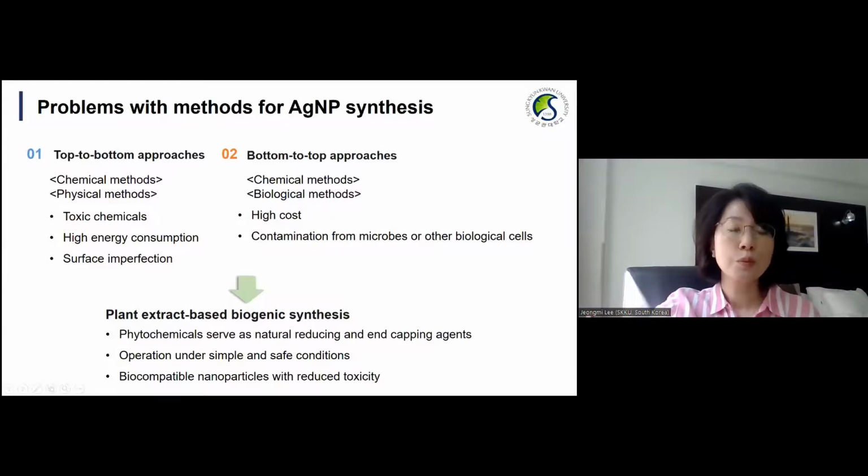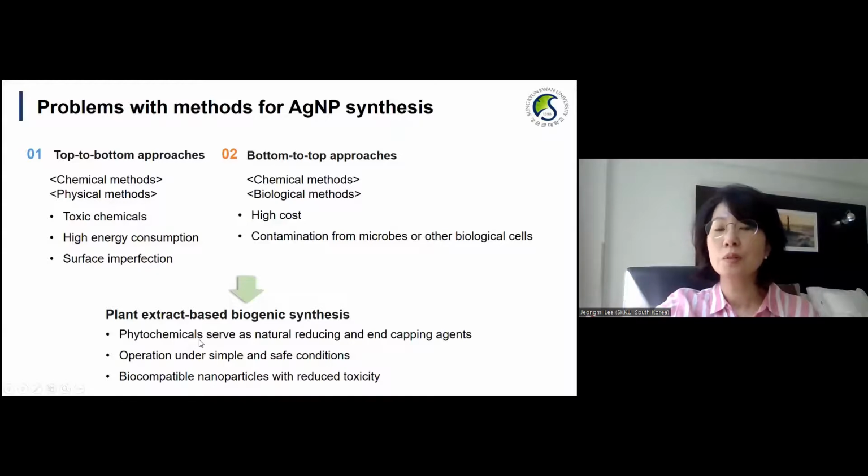The microbes may be used in these biological methods. Many people believe that among numerous approaches in biological methods, plant extract-based biogenic synthesis of nanoparticles is probably the most desirable. In this type of synthesis, we do not need to add any other chemicals, but all we need is just the plant extracts that contain phytochemicals.